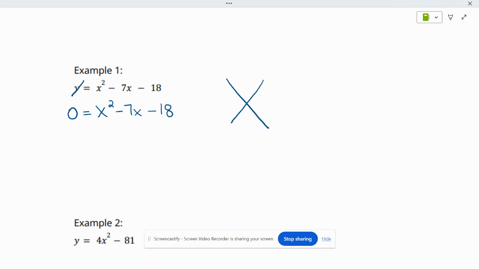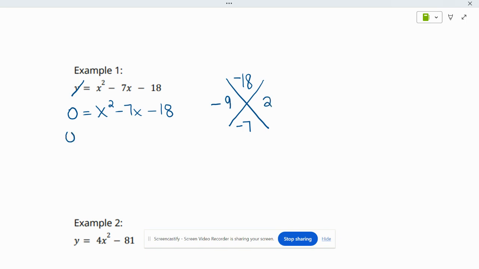So I'm looking for two numbers that multiply to negative 18, that when I add them, I get a negative 7. Negative 9 and positive 2.